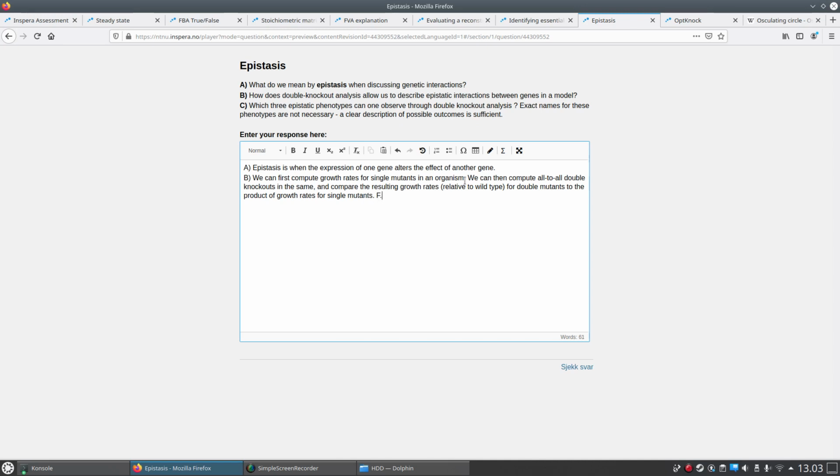So for instance, if mutant A has a growth rate of 0.7, and mutant B has a growth rate of 0.5, but mutant AB has a growth rate different to 0.35, we have epistasis.